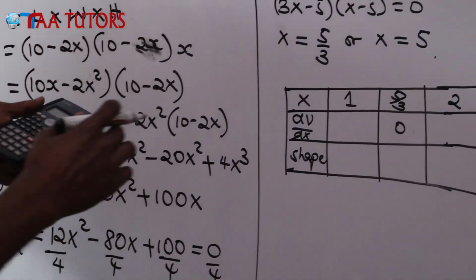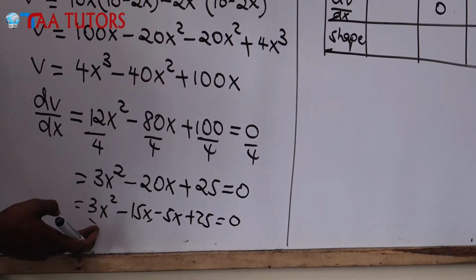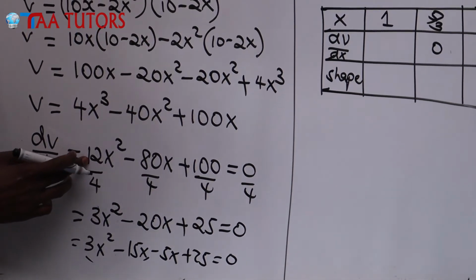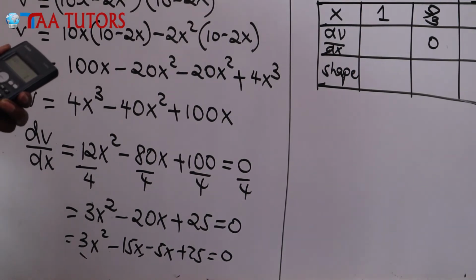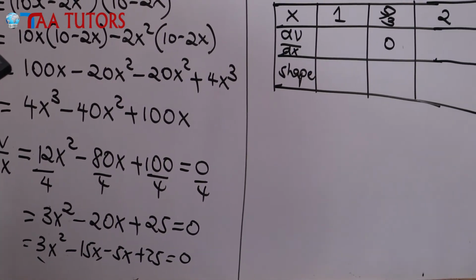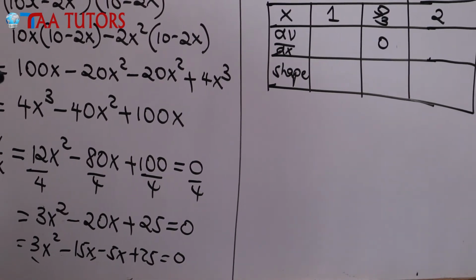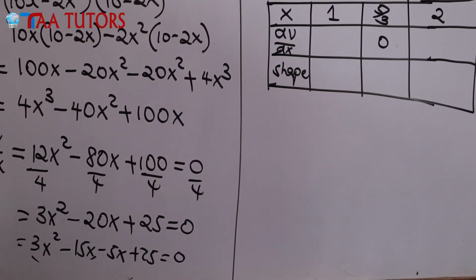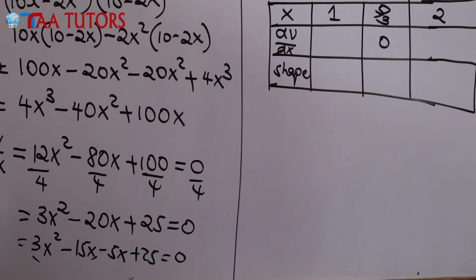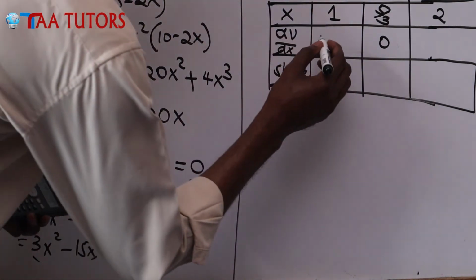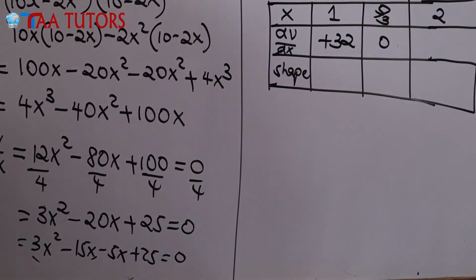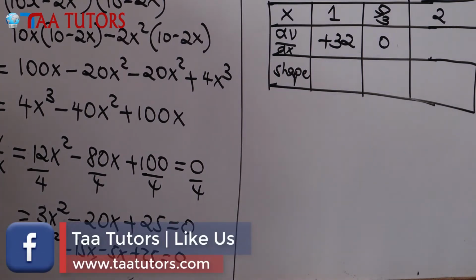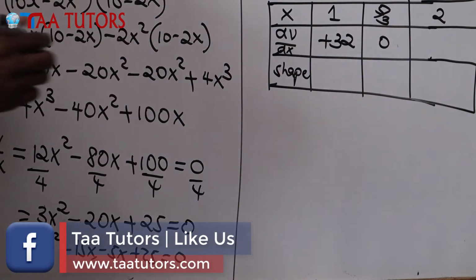So if I substitute this 1 in this expression here, this is my gradient, 12 into 1 squared minus 80 into 1 plus 100. I get positive 32. And if I substitute 2, 12 into 2 squared minus 80 into 2 plus 100, I get minus 12.